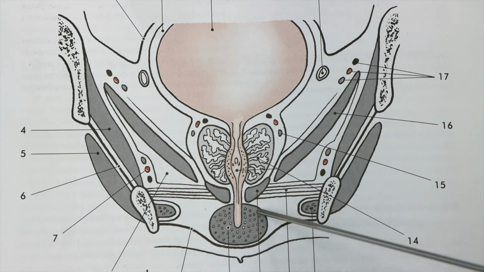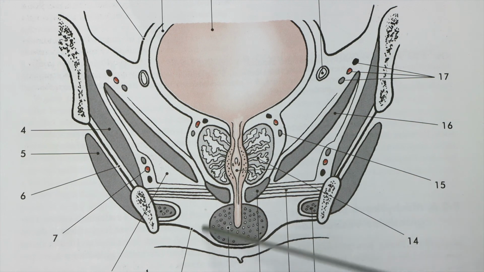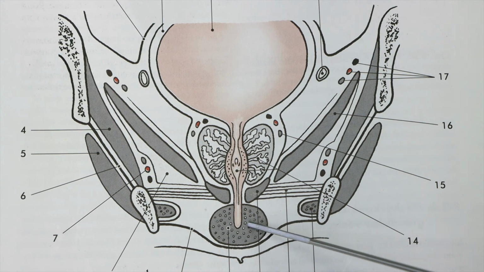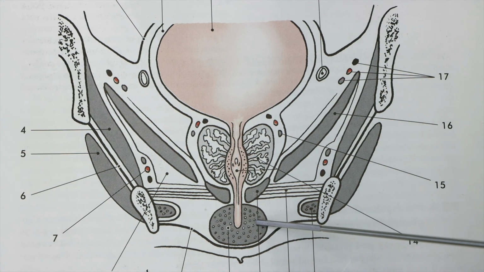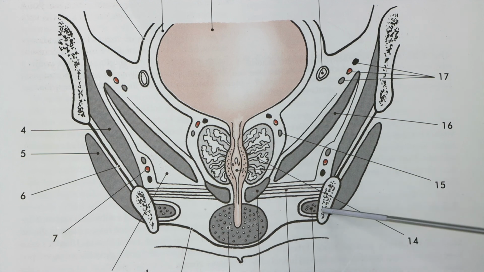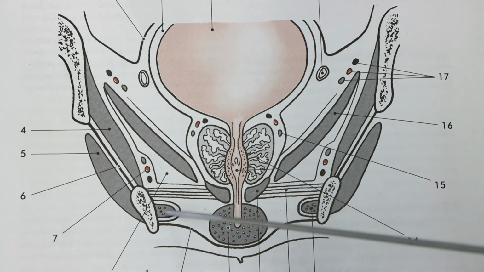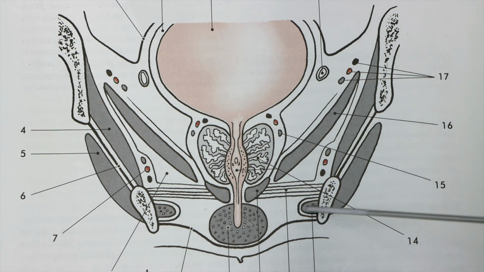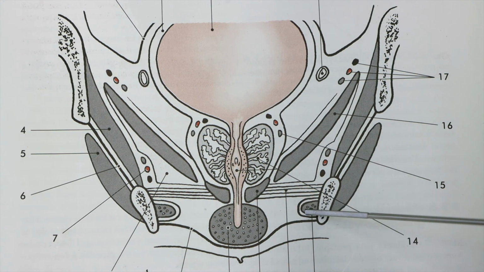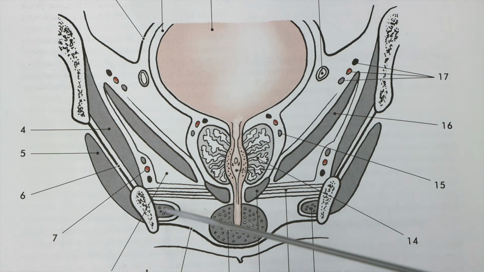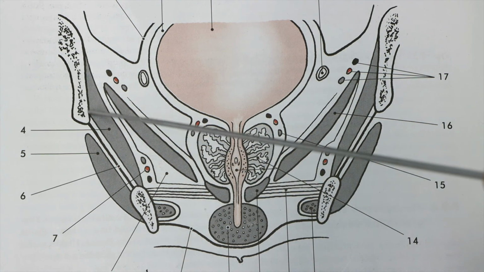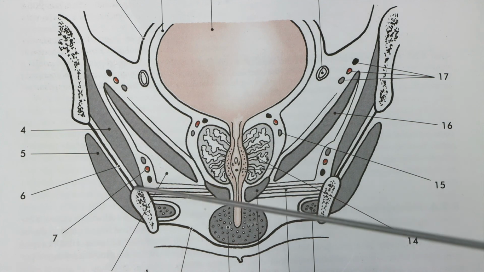It means that here is the bulb of the penis and the spongy part of the penis, which is covered by the muscle called bulbospongiosus muscle, and on both sides you have the crura of the penis, or the cavernous part of the penis, which is covered by the muscle called ischiocavernosus muscle. So in this case here is the obturator membrane.